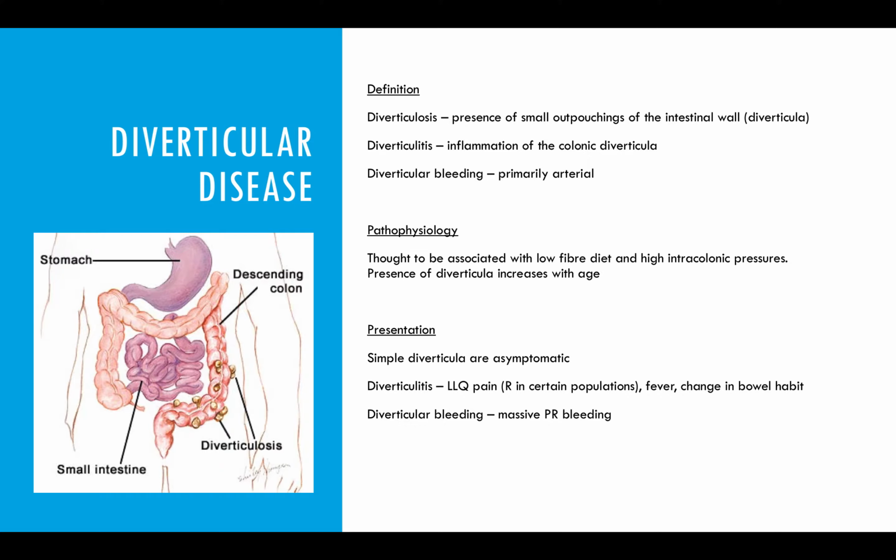They often have a change in bowel habits, so they might have a little bit of diarrhea. On top of that, they may have had these symptoms for a few days and then present with worsening pain. That would be when you think about the perforated diverticulum we talked about with the perforated viscus, and obviously they need to be assessed for that. Like I said, diverticular bleeding is often massive PR bleeding, and so they obviously need transport to hospital.